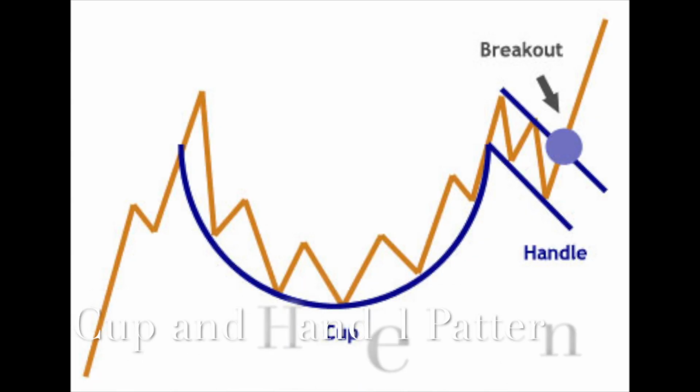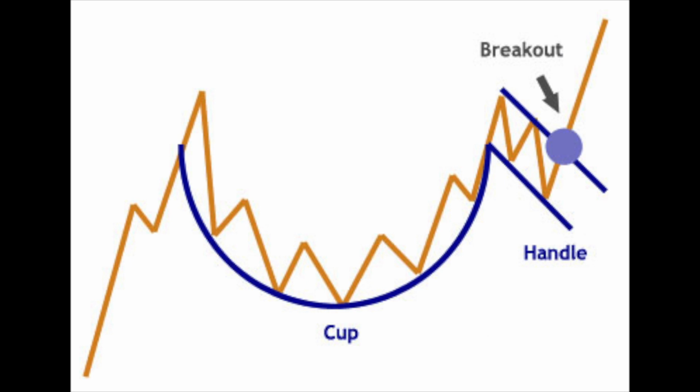So welcome back to the third topic, and our third topic is about the cup and handle pattern, as you see right here. We're going to talk about all the different kinds of patterns. The first pattern we're going to talk about is the cup and handle pattern. It's basically a pattern when a stock is on a downtrend near the cup, as you see in the diagram there, and it tries to pick up by volume or outside news, depending on the situation, and tries to recover and go up.